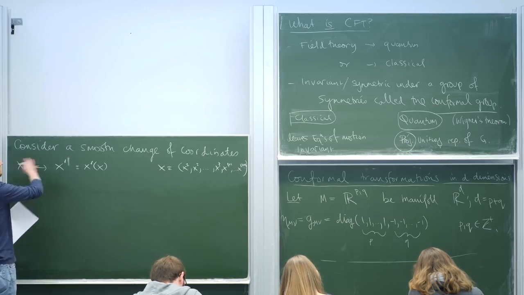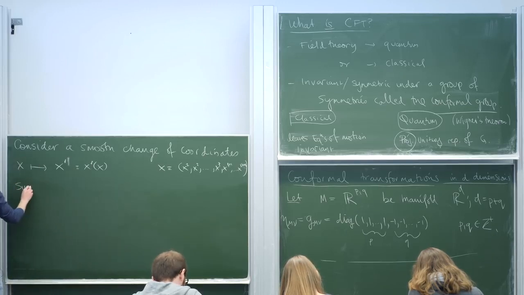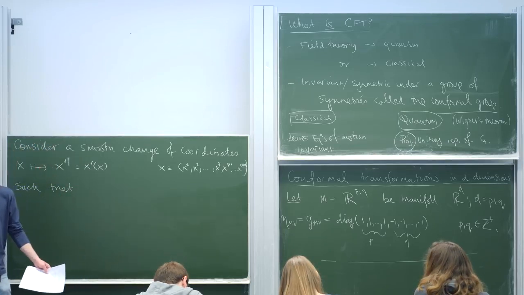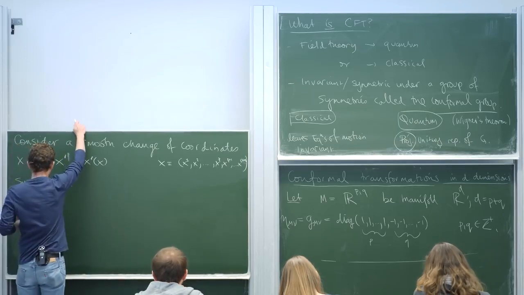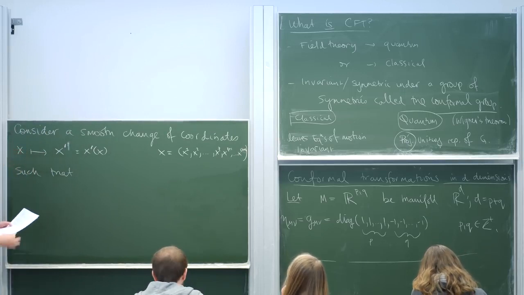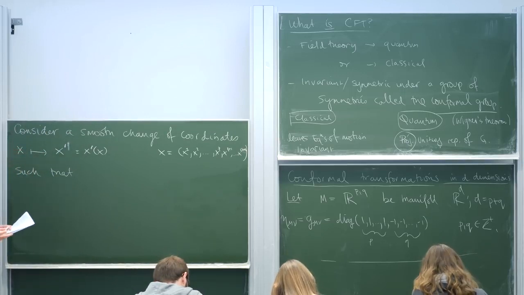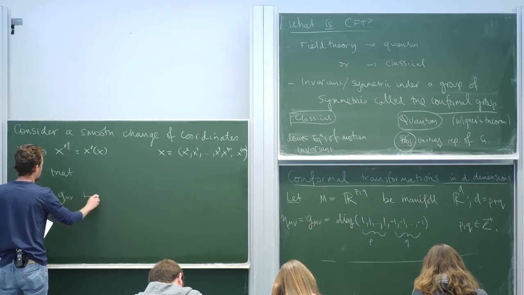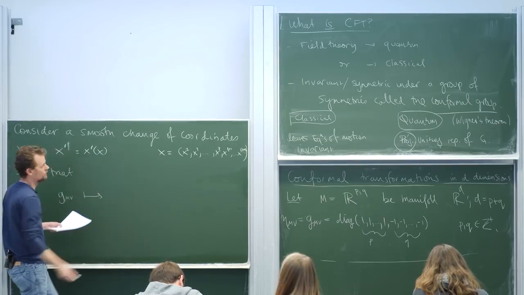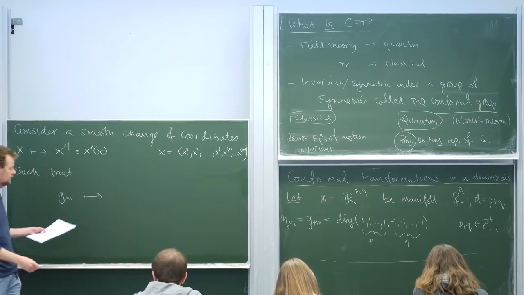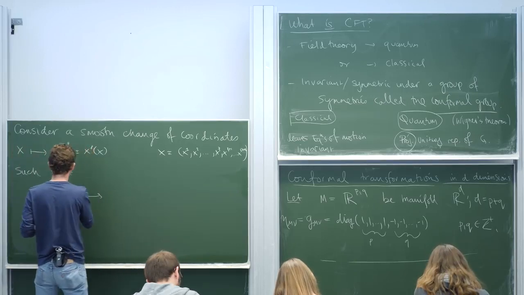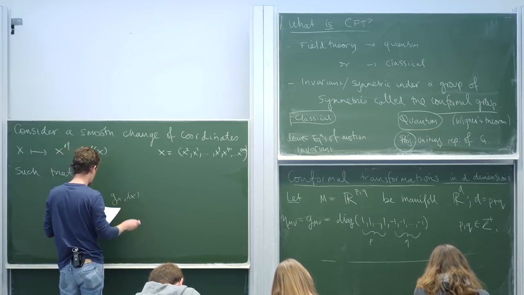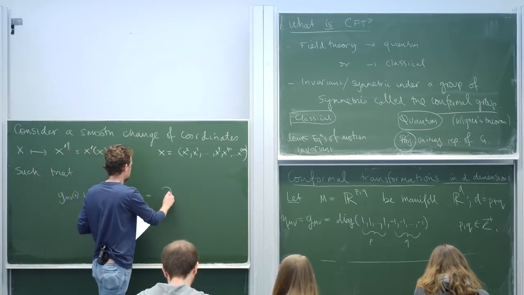So consider a smooth change of coordinates such that the metric in the new coordinate system is an overall scale factor times the original metric. So the metric under a change of coordinates changes in a particular way.